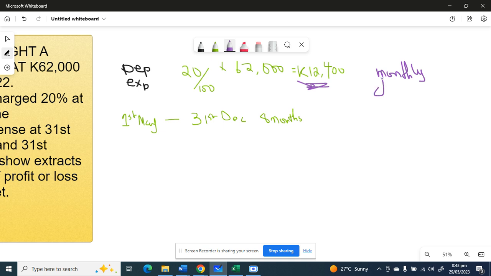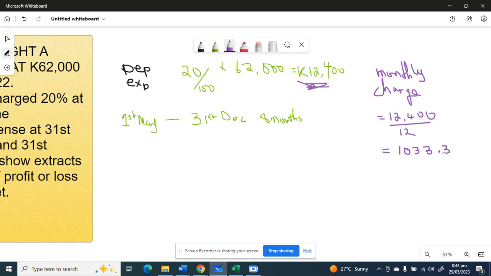So 12,400 divided by 12 is 1,033.333. We'll just round it off to one decimal place, 1,033.3.